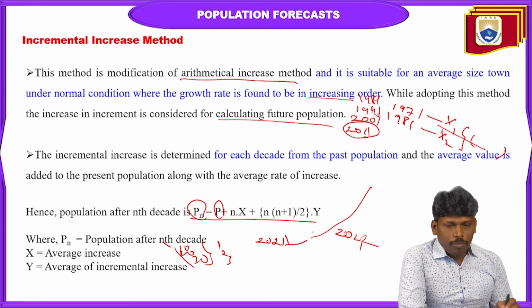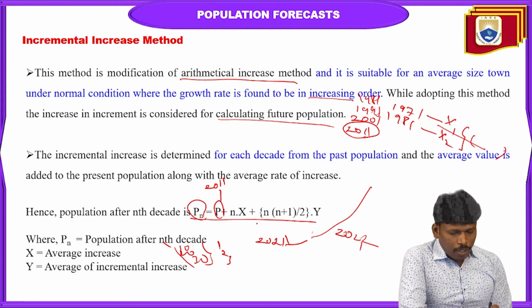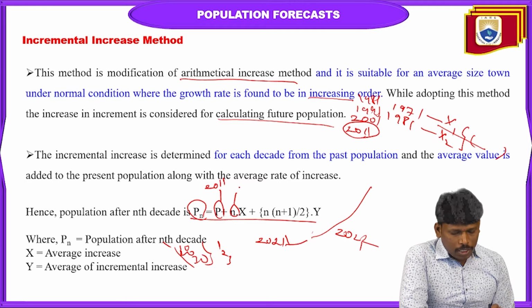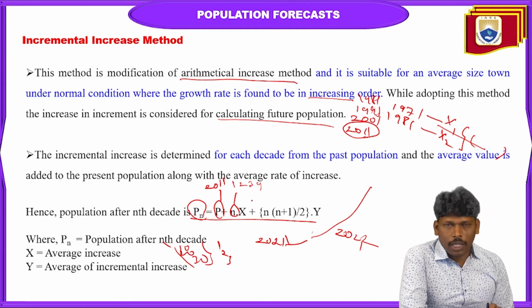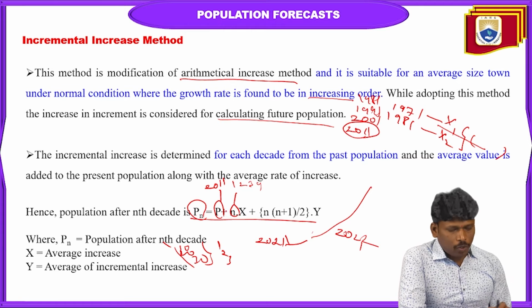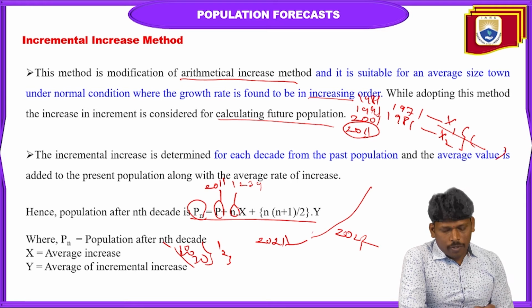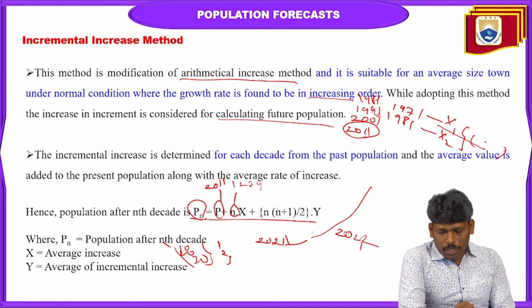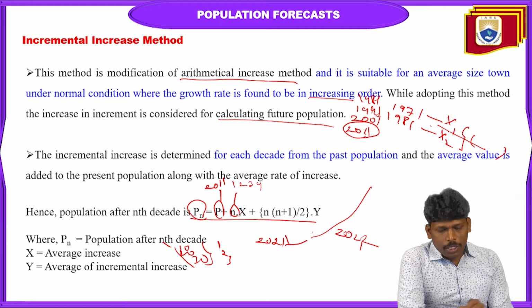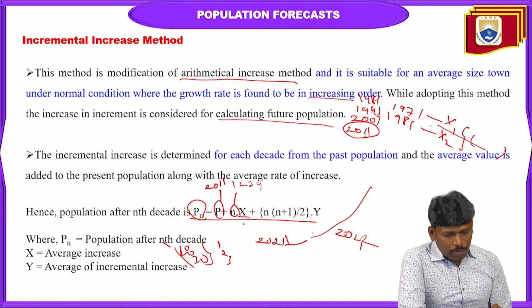P is the present population, meaning the 2011 population, and n is the number of decades for which you are calculating, whether 1, 2, 3 or 4 decades. This changes according to the requirement. And x is the average, which I just told you: we need to identify the mean difference between the populations, and that average will be x.